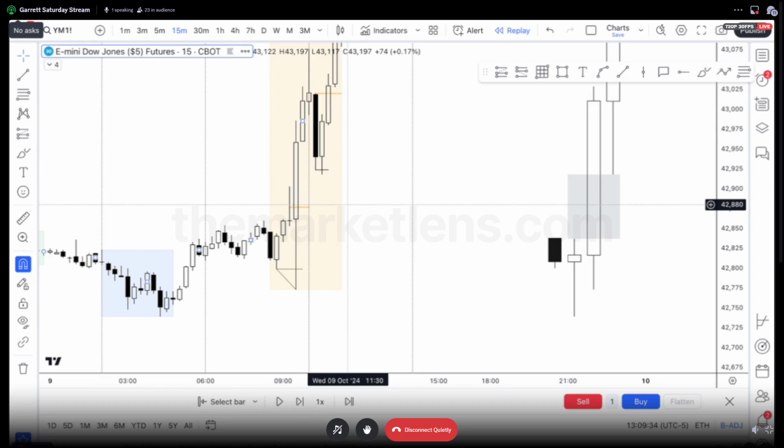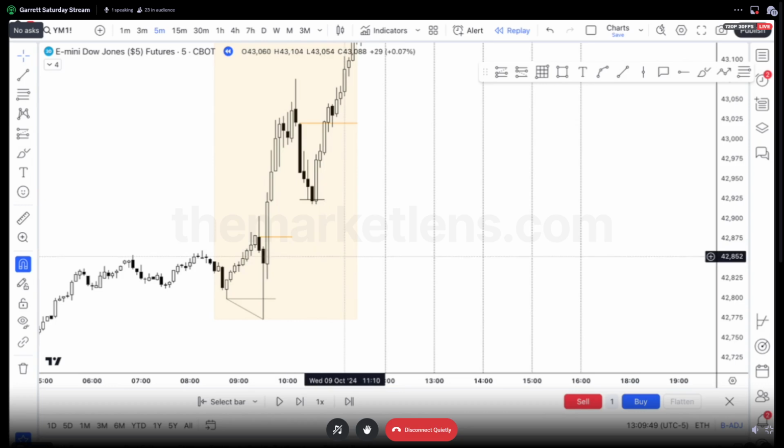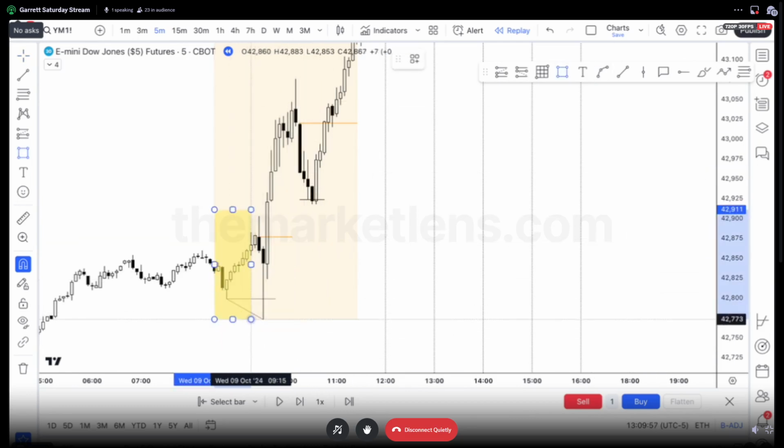It's always ideal to pair your entries with, like I said, this is in the expansion model course, the AMS course, pairing a CSD with a manipulation, SMT, a driver. Here is everything, right? It's paired with a driver, a manipulation and an SMT. So this right here is going to be your highest probable entry model for continuation.